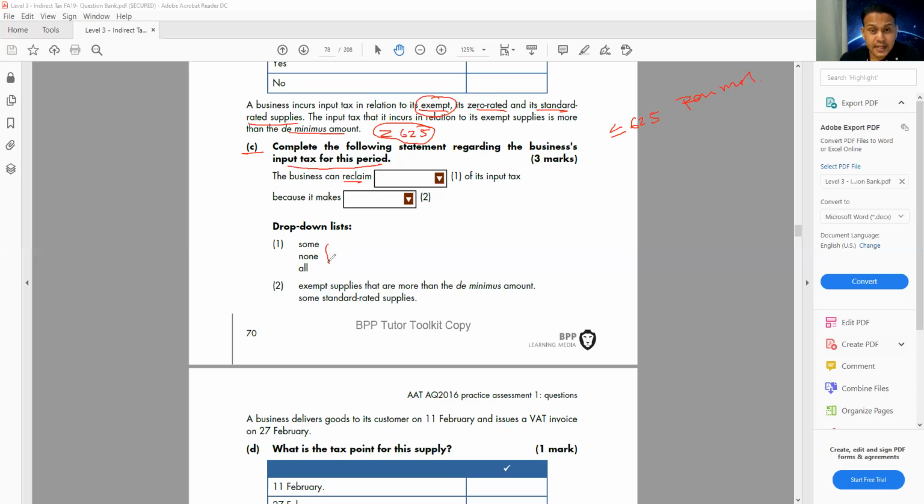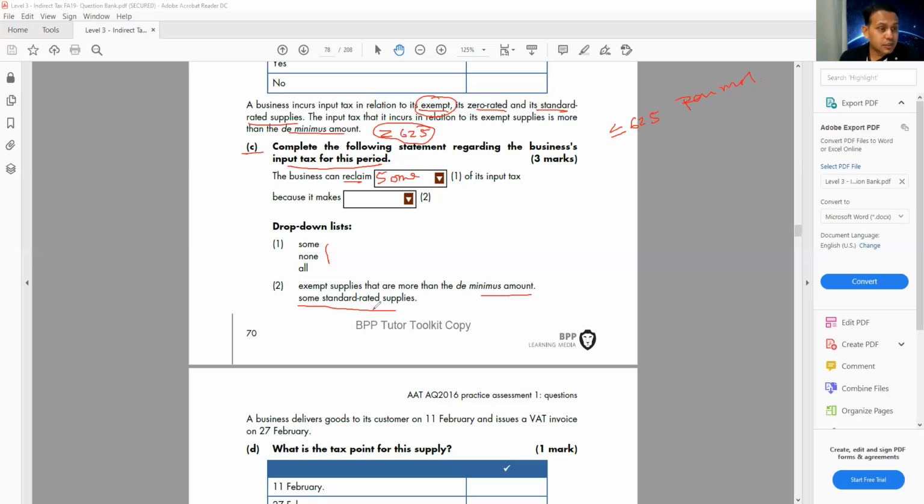So the business can reclaim some of the input tax because it makes exempt supplies that are more than the diminished amount and some standard rated supplies.